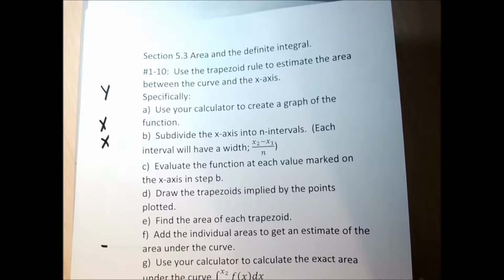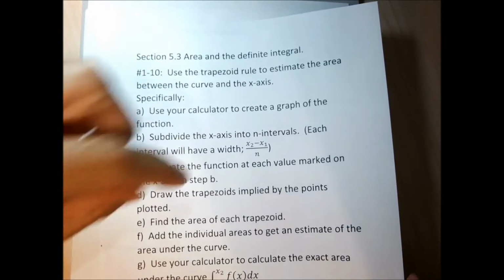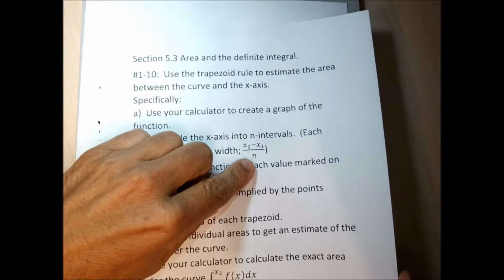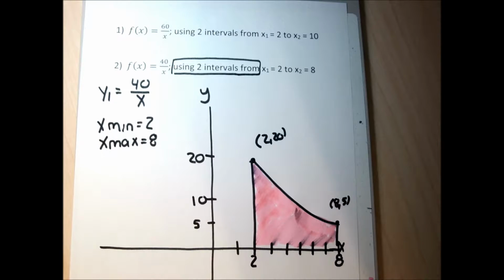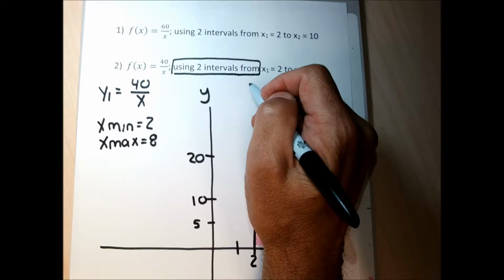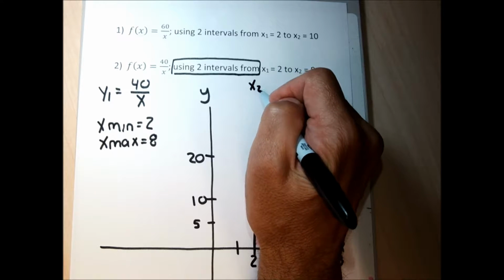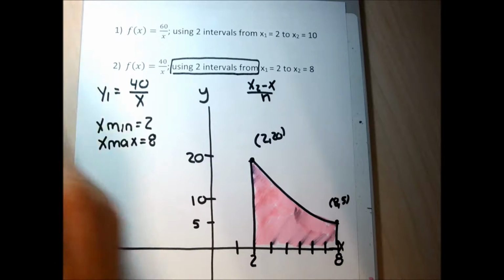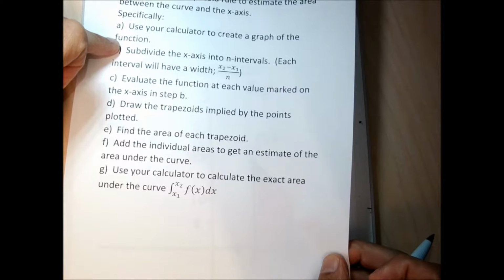And how do I get the numbers on my x-axis? I subtract the x-coordinates of the points, divide by the number of intervals. So to get my spacing on my x-axis, I'm going to go x2 minus x1 over n. So this is finishing up subdivide the x-axis into n intervals.